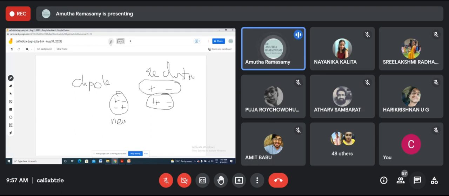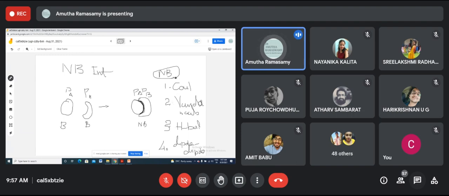So now I'm coming back to this. We have to learn about the non-bonded interactions. Based upon the distance between the interactions, we classify Coulomb and van der Waals. Based upon the charged nature, we talk about the hydrogen bonds.